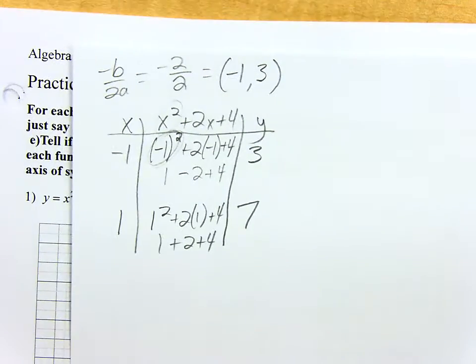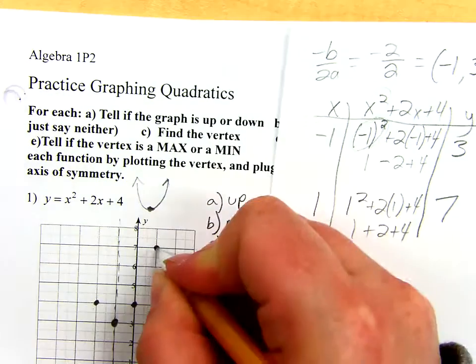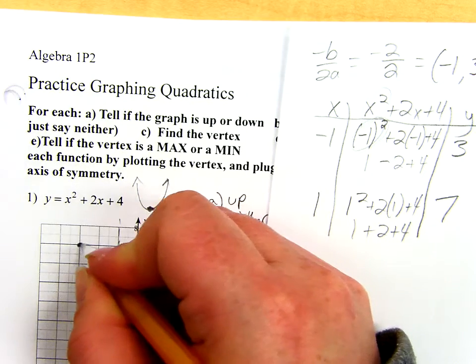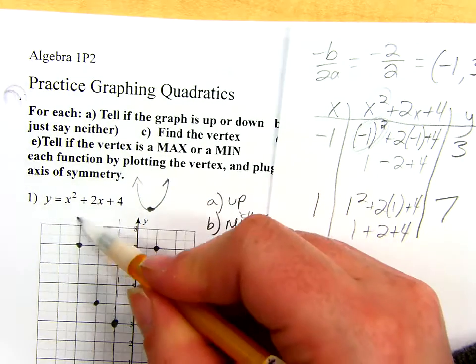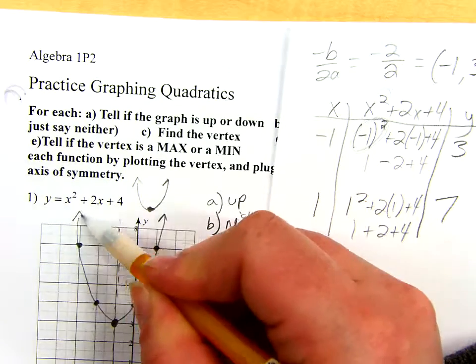See if you got what I got. And then we're almost done. We just plot it and we'll be all set. Buy one, get one free. Connect your dots, nice smooth curve. And it's everything we thought it would be.